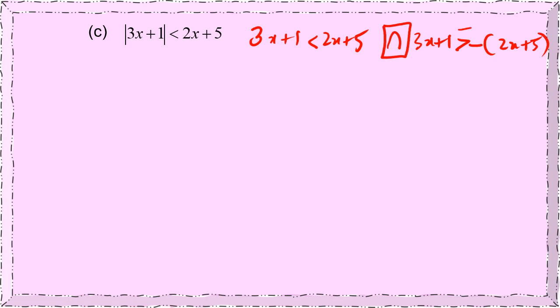How? You just copy the question, 3x plus 1 without the absolute, less than 2x plus 5. Another one, because it's less, should be intersect. Another one should be 3x plus 1 more than the negative of 2x plus 5. Okay? Intersect, change direction, change the sign. That's all.